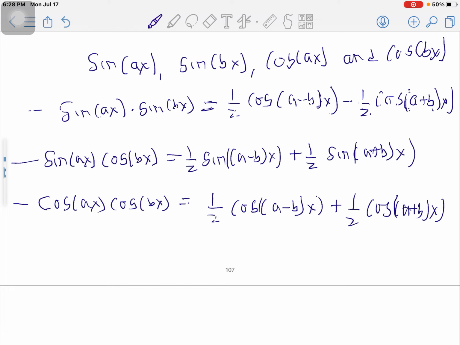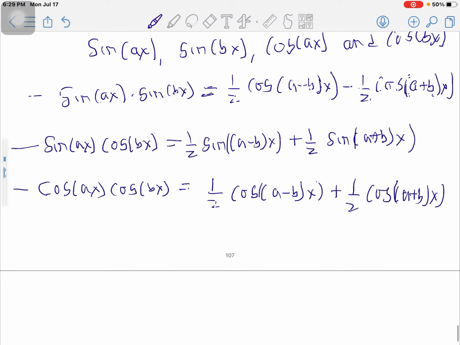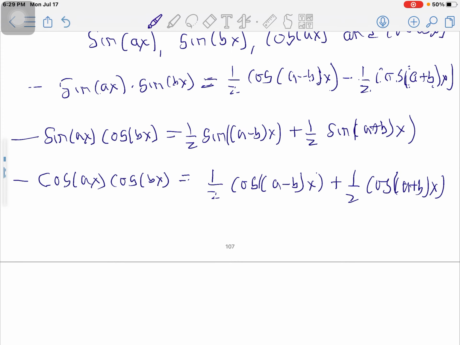These are very important identities, and in fact, you must keep them on your fingertips, and we are going to talk more about them. So let's come to think of it, how were we able to come out with these identities? Today we are going to talk about it a little bit.